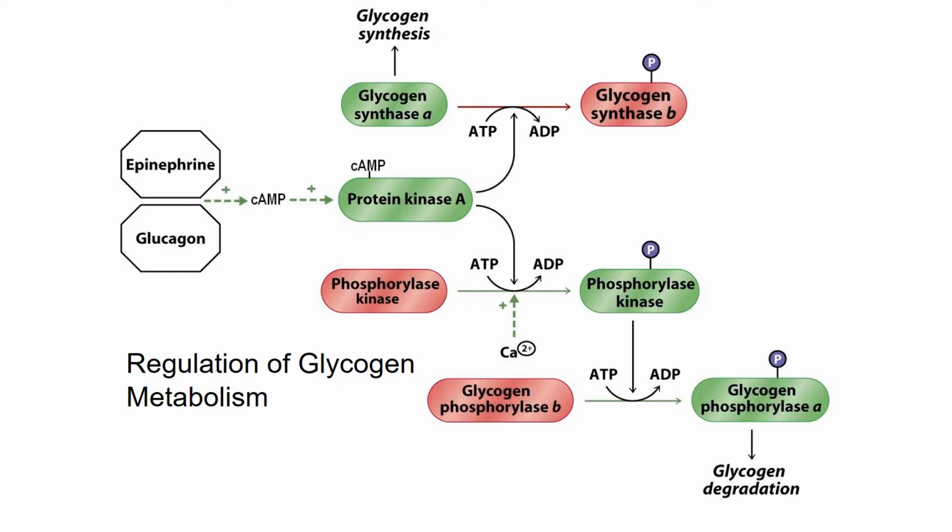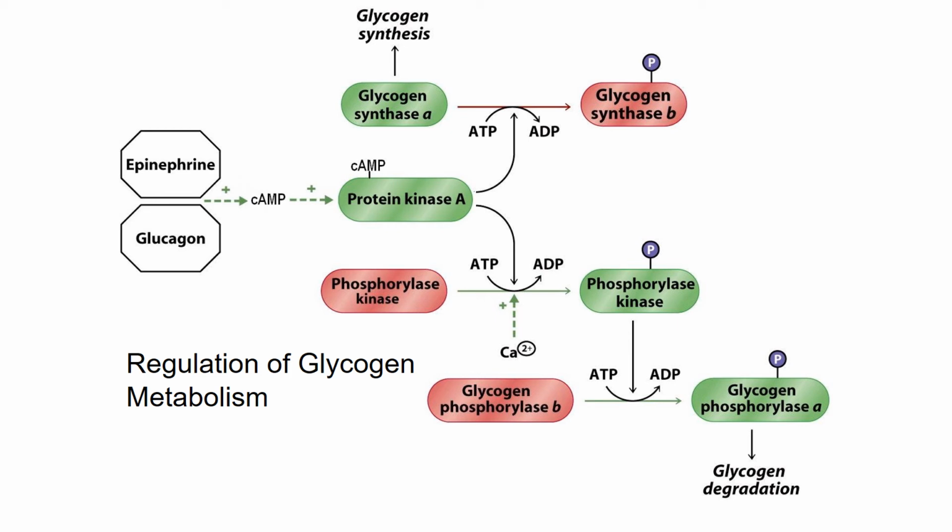So this is another slide I put together. This is a figure that I've put together that hopefully can help you visualize the big picture. We know under conditions where we have high glucose, we are going to store some of that as glycogen.